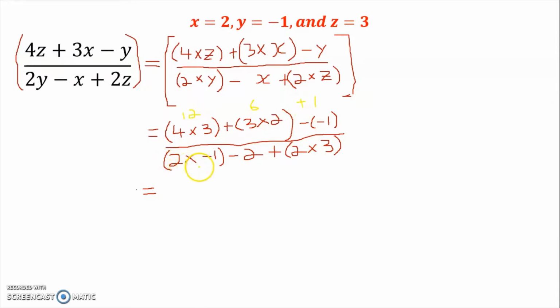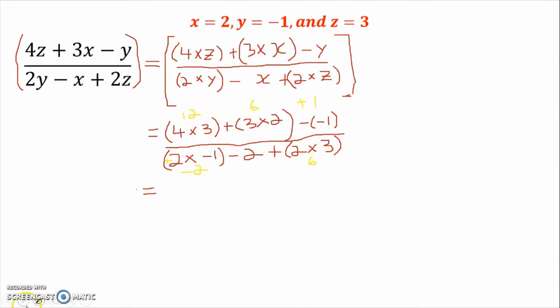Then 2 times negative 1: a positive multiplied by a negative gives us a negative, and 2 times 1 is 2, so that's negative 2 we get here. Minus 2, and then 2 times 3 is 6.